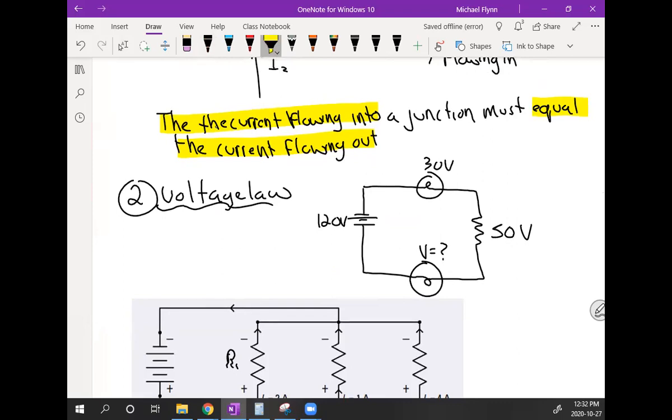As the electrons go through this path that you see here, and make their way back to the power source, they have to follow a rule that says that they have to lose any potential energy that they gain. So they've gained 120 volts, like this 120 volts in the battery is a donation.